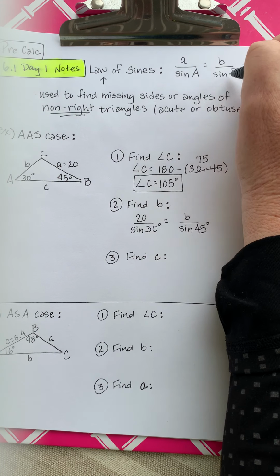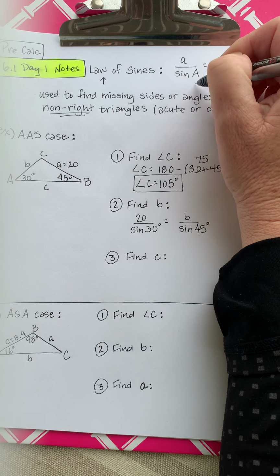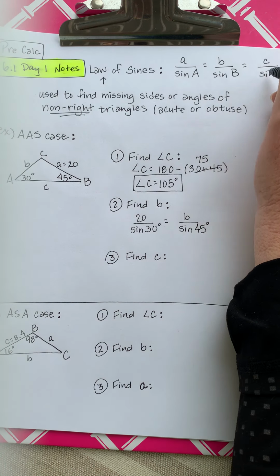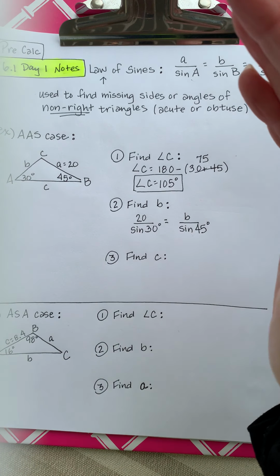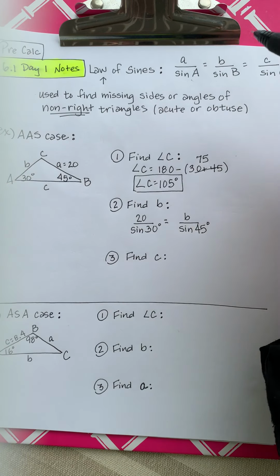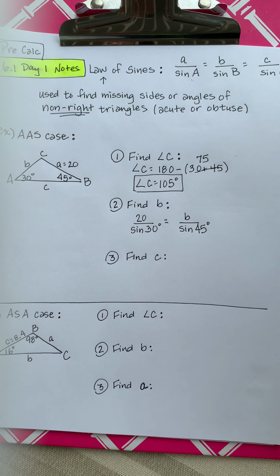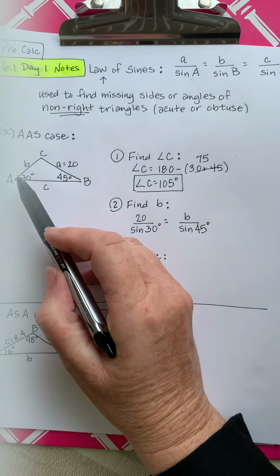I'm using this part right here, right now. I can use any two parts or fractions out of this equation. It just depends on what I know and what I'm trying to find. To find side B, this makes sense because I know this pair.